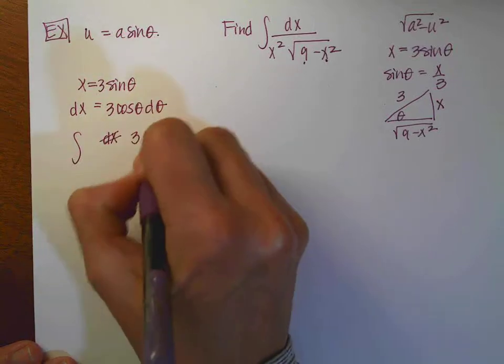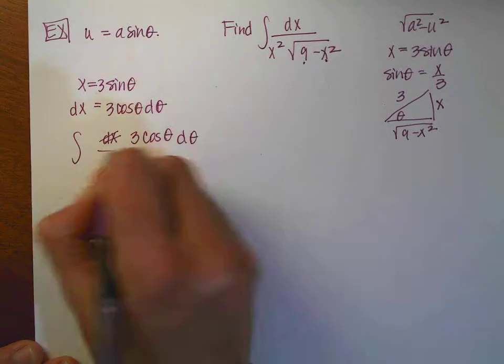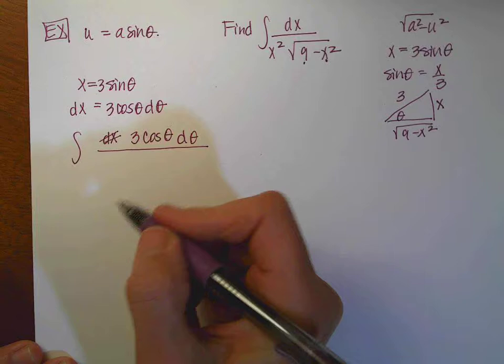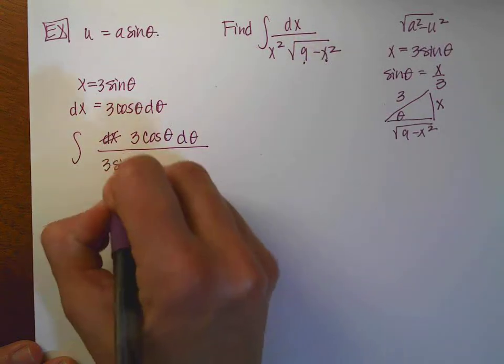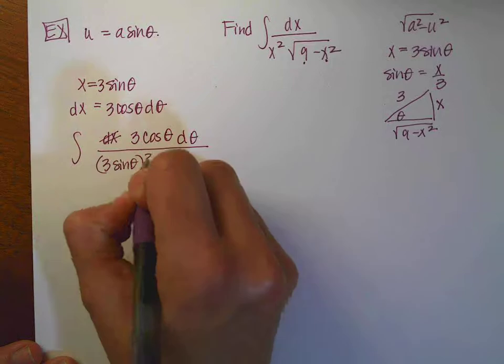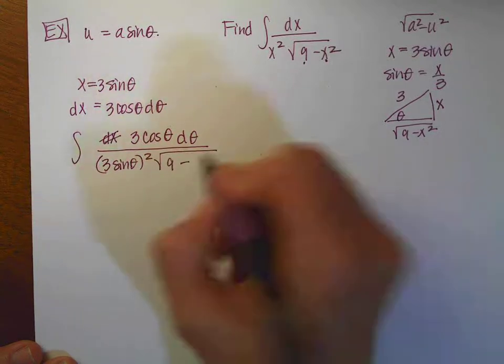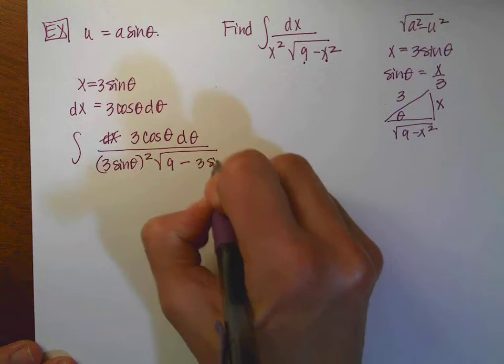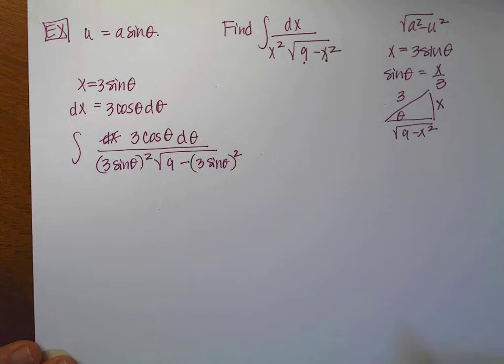Oops, sorry, I forgot to substitute it. This is going to be 3 cosine theta d theta. That's my dx. And then in the denominator, I'm going to have an x squared, so I'm going to have 3 sine theta, quantity squared, times the square root of 9 minus 3 sine theta, quantity squared.